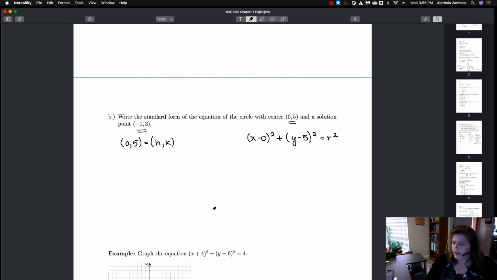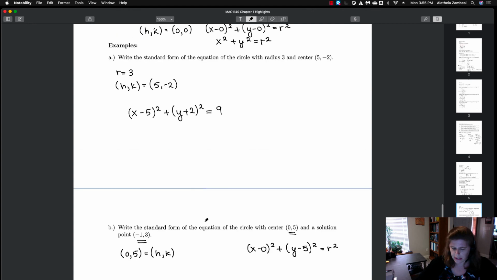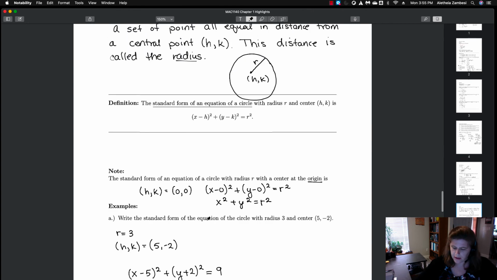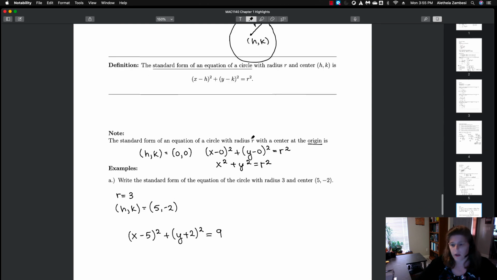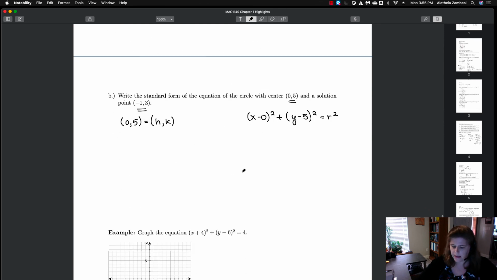If you're looking at what a circle actually is, remember that a circle is all points that are this radius distance away from that center. So if I need to find out what r is, what I need is the distance between the point (0, 5) and the point that's on the circle, (−1, 3).